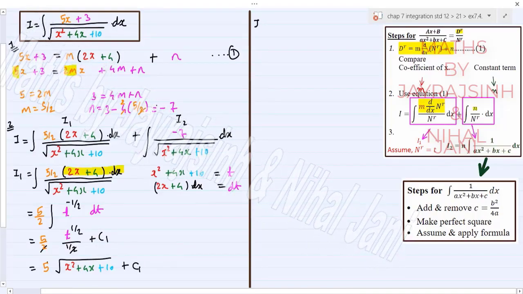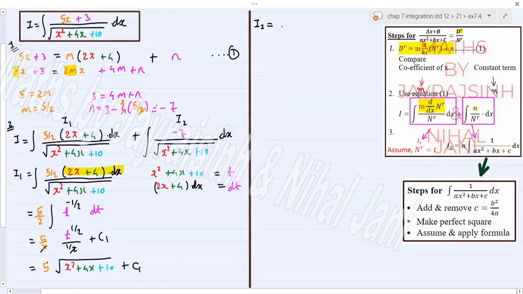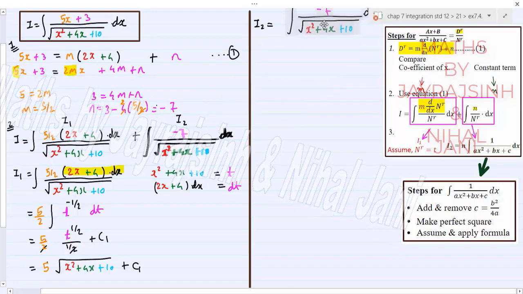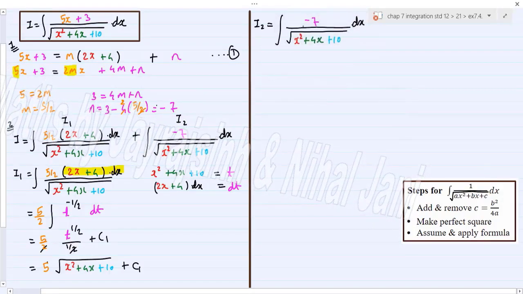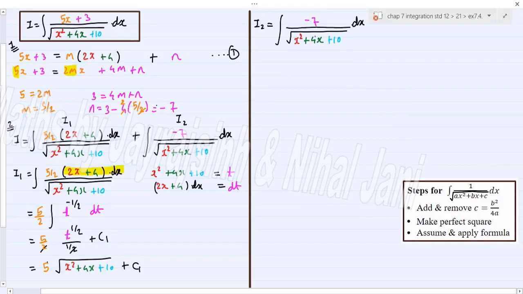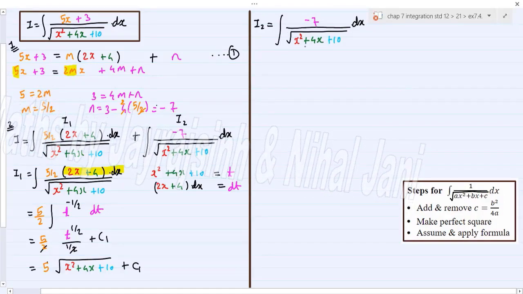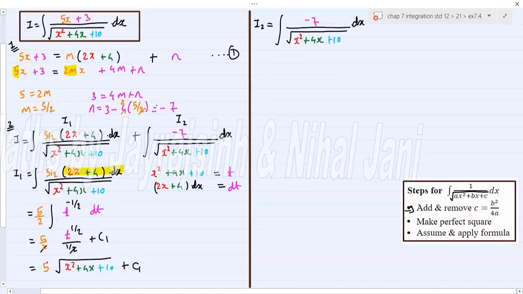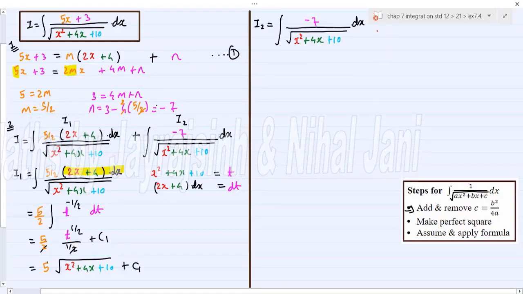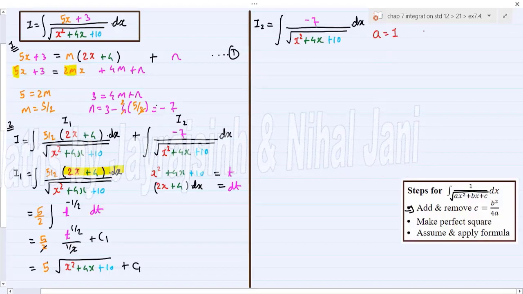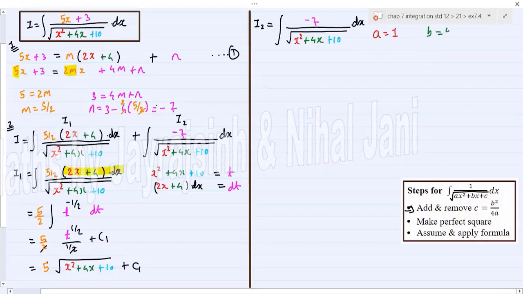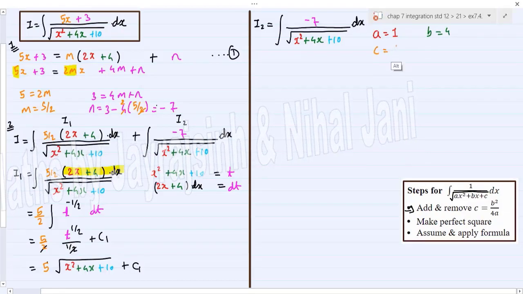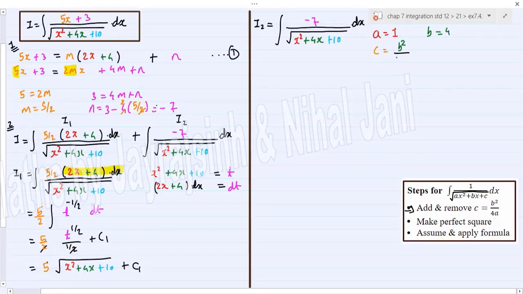Now let's move to the integration of I2, which is minus 7 upon under root of x square plus 4x plus 10, which is actually in the form of 1 upon under root of ax square plus bx plus c. So to integrate it, we have to add and remove the last term. So let's use the coefficient of x square, which is 1, and coefficient of x, which is 4. So we can get our last term using b square upon 4a.